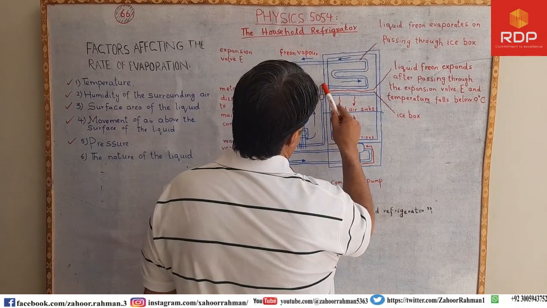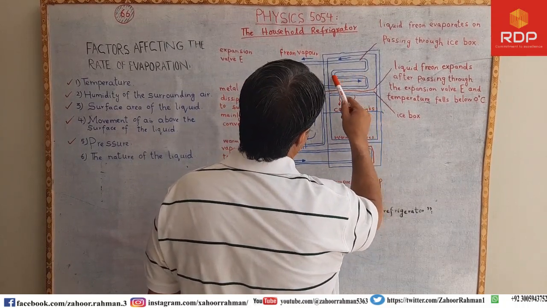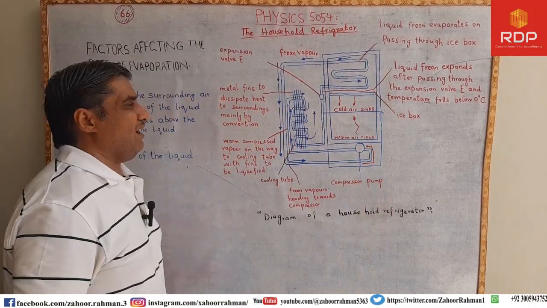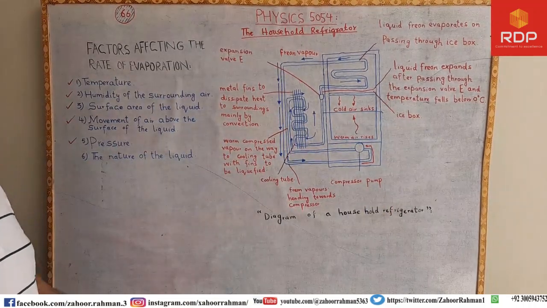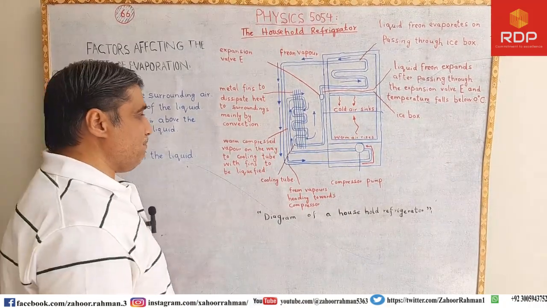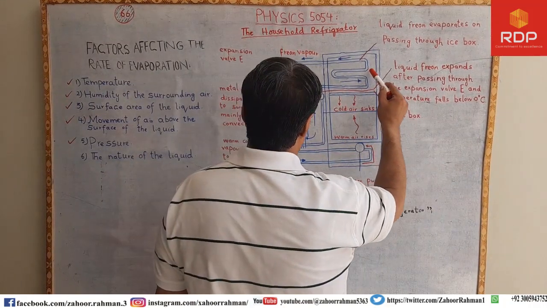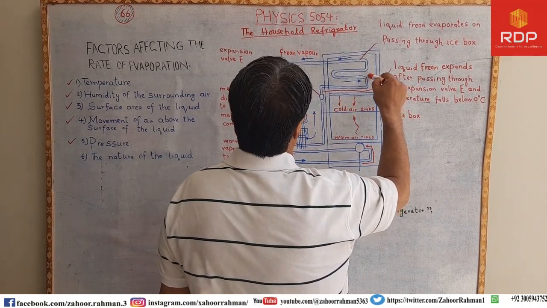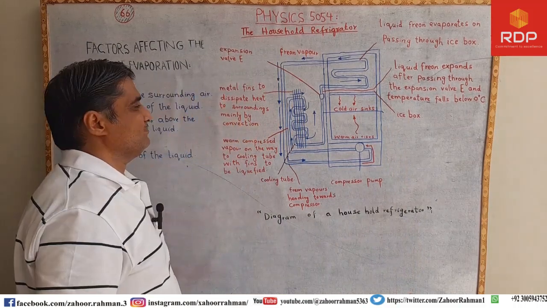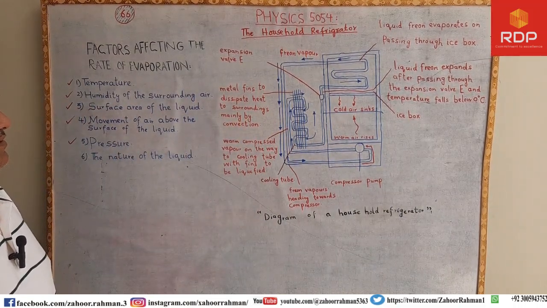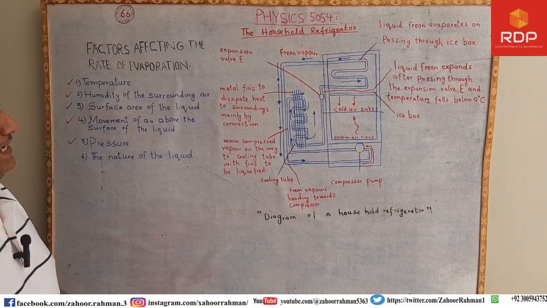When it is entering the ice compartment, which is the upper portion of the compartment which is making ice, that compartment is hotter than the liquid freon which is expanding.